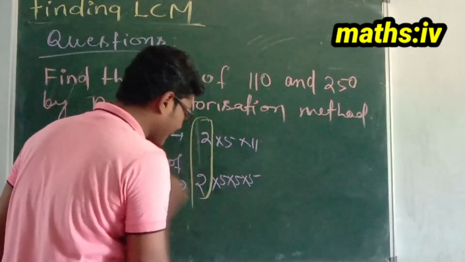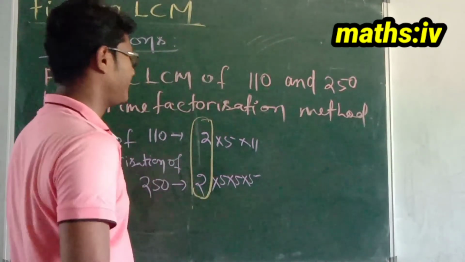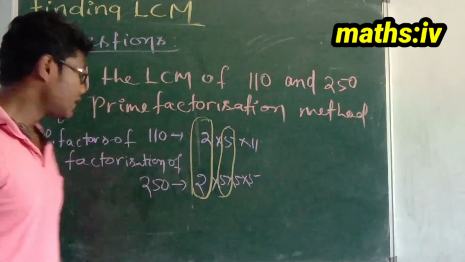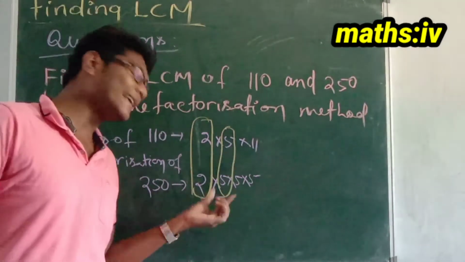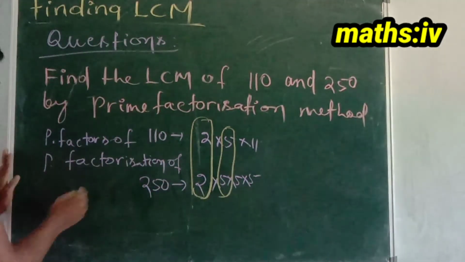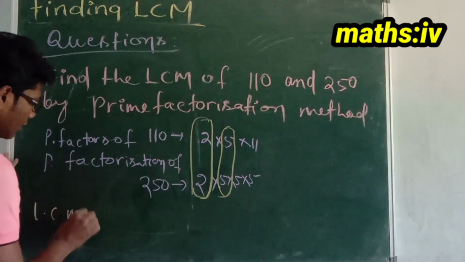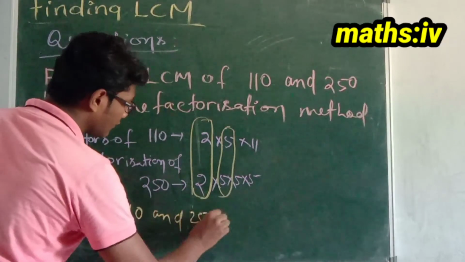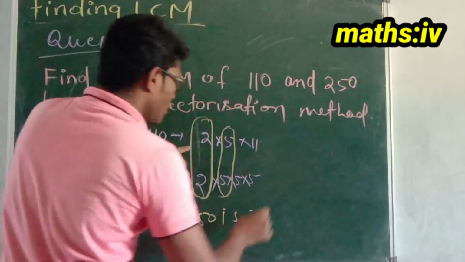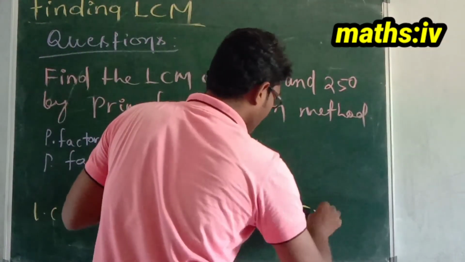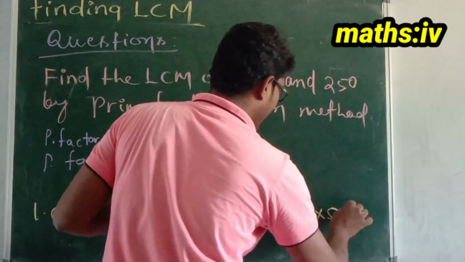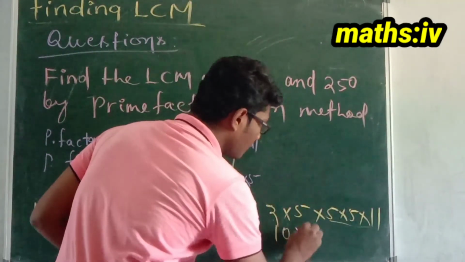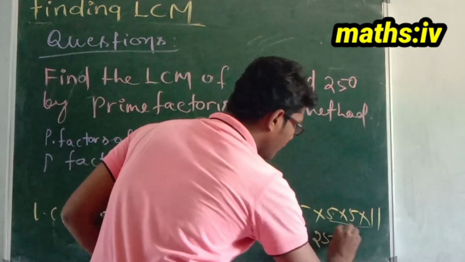So these are the common prime factor pairs. We have to include these things only once. So the LCM of 110 and 250 is 2 multiplied by 5 multiplied by 5 multiplied by 5 multiplied by 11. 5 2s are 10 multiplied by 25 multiplied by 11.